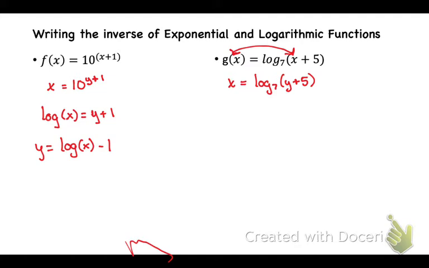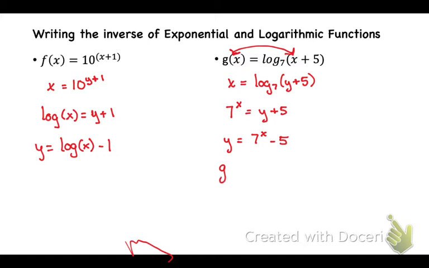So going from log to exponential, what's my base? 7 to the x equals y plus 5. And then we have to subtract 5. So the inverse is y equals 7 to the x minus 5.